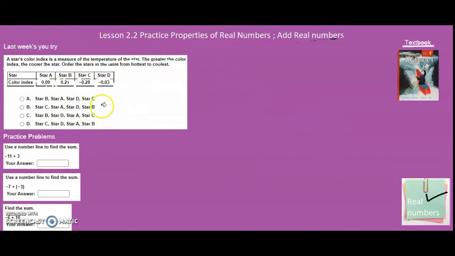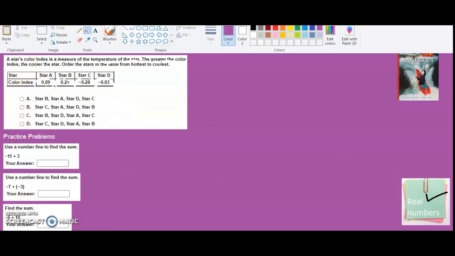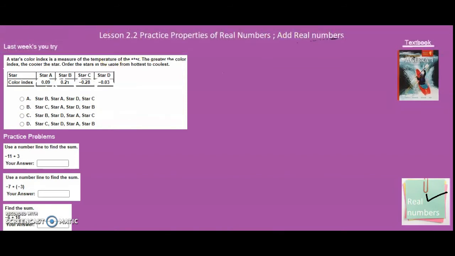Okay, now that I finished erasing this, I hope you had some time to look through this problem and solve it. So now let's go through it together. I'm going to read out the question here for you.